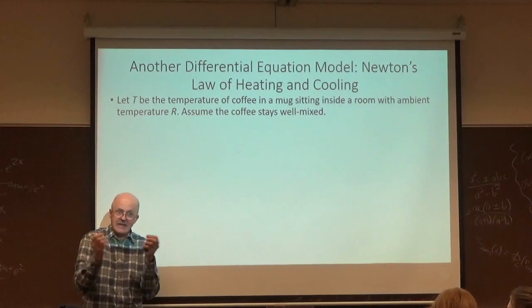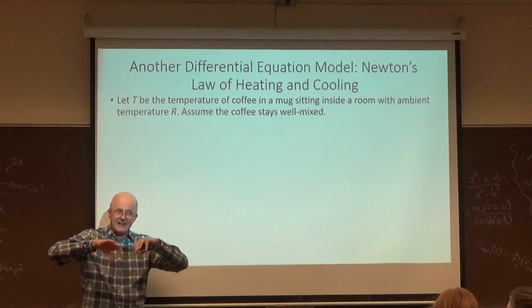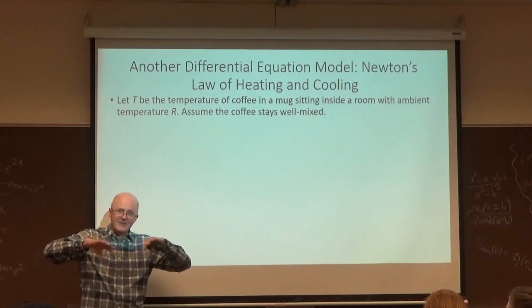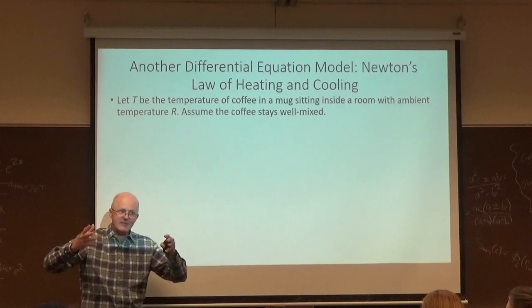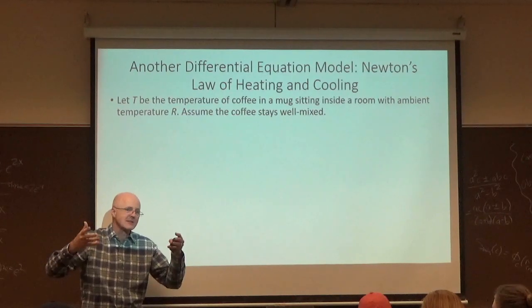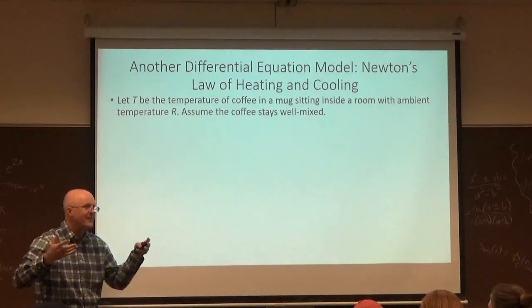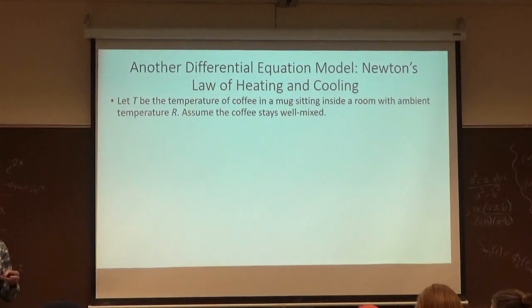Because heat diffuses, and the ones near the edge are not going to be vibrating as fast, not having as much kinetic energy. They will be at a cooler temperature. But keep it well mixed, and that keeps the temperature essentially uniform.